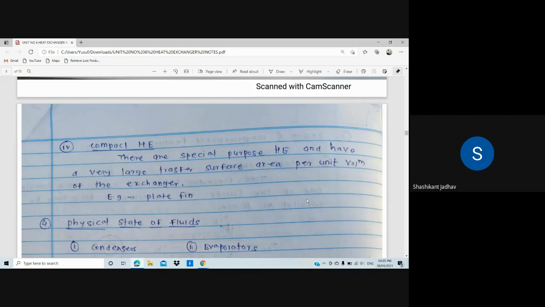Example, write down the example for the compact heat exchanger, that is plate fin. Plate fin is a compact heat exchanger.